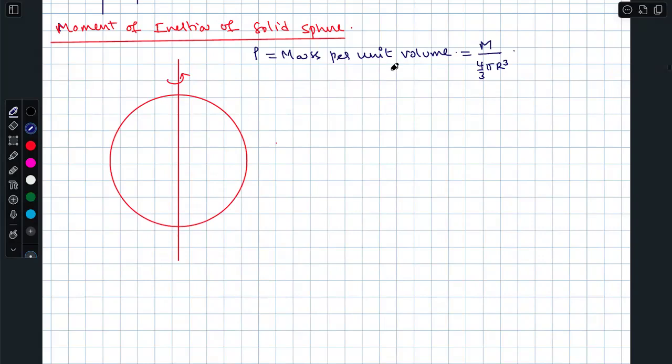Remember, this is uniform. Otherwise, you are not allowed to use that. What I am going to do is take shells. You imagine it like an onion, shell over shell, shell over shell.